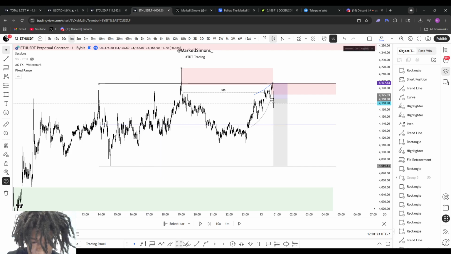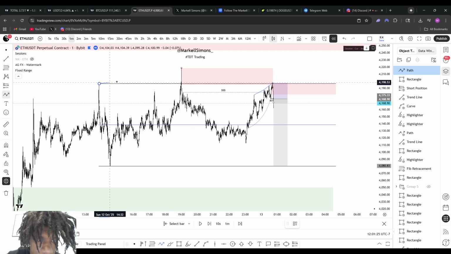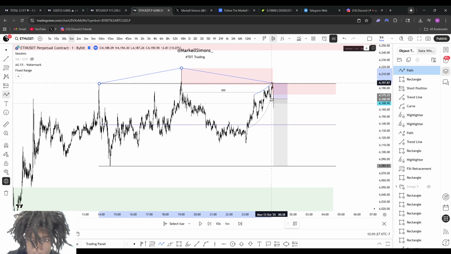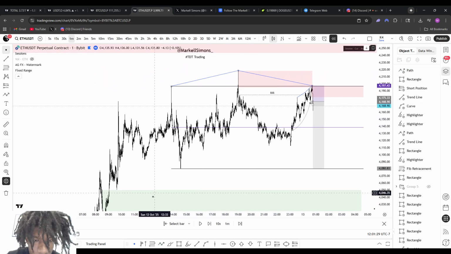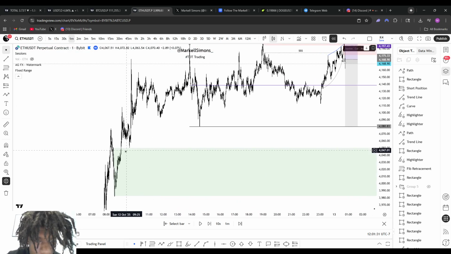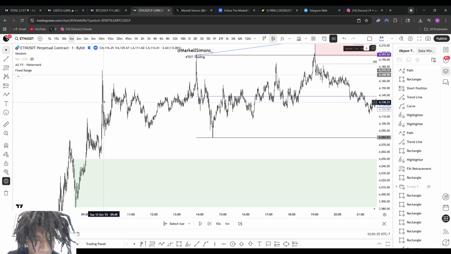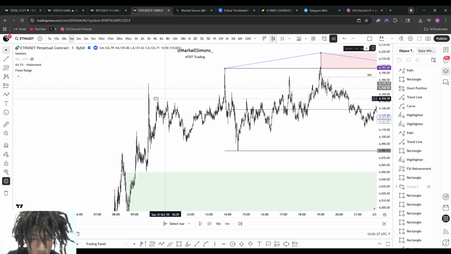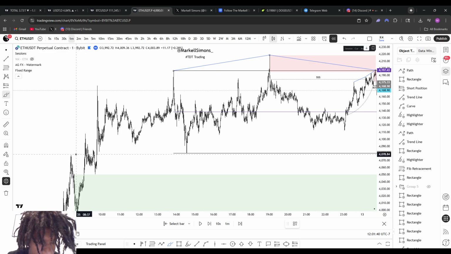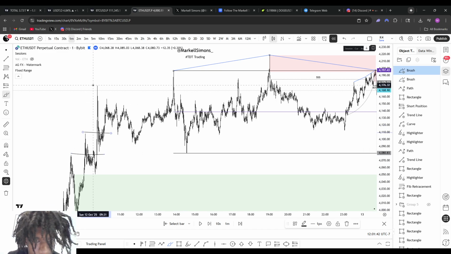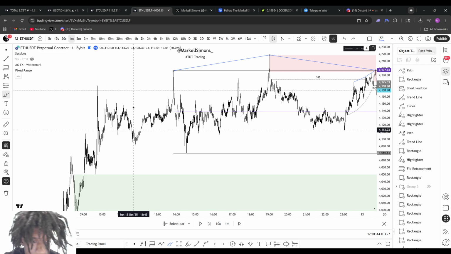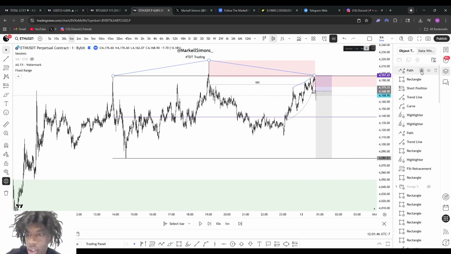So as y'all can see, this is basically the model. We also had the LPSY, last point of supply, before coming into our range, where we just continue to take the high, take the high, take the high, indicating a potential reversal in the making.